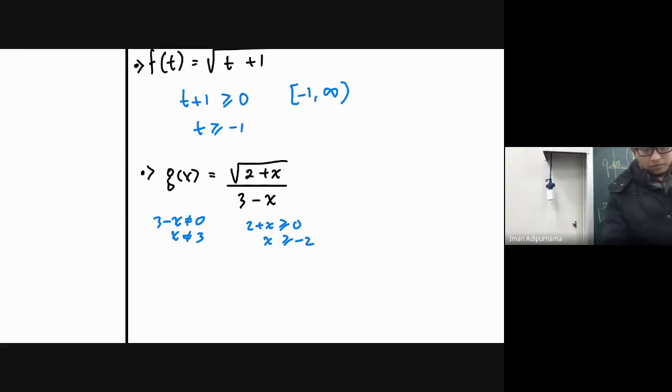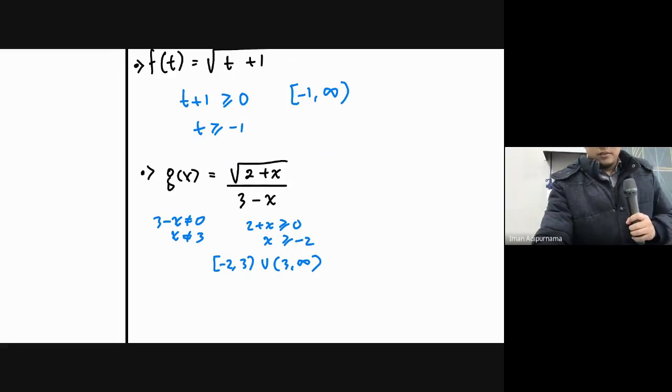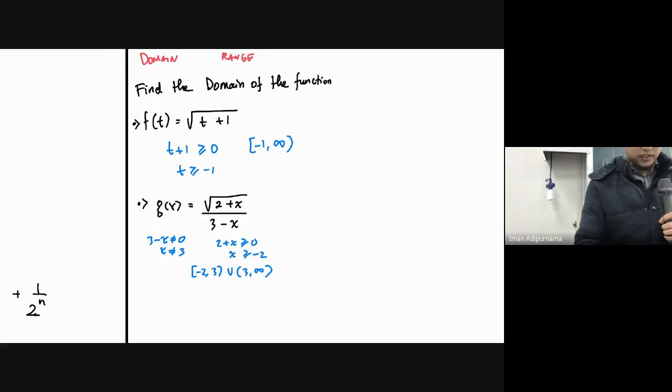Or if you want to make it more sophisticated, you can write it like this. If you want to write it more fancy, that's also okay. Okay, that's the domain.